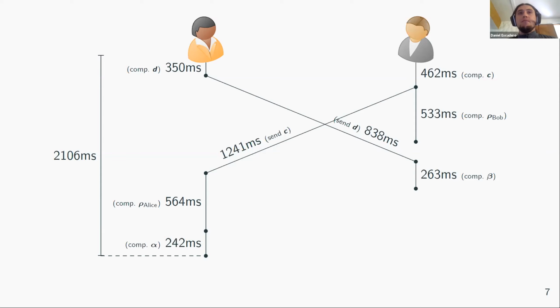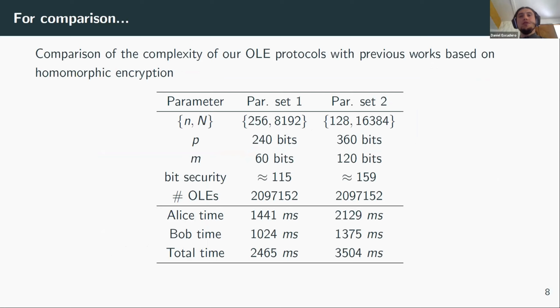And I know it's hard to get a comparison, like how efficient is this in practice or how does it compare to other works? Well, I have this table that I just want you to look at the bottom part of, where we compare. These are the numbers for the basic homomorphic encryption-based protocol in which one party sends, the other one computes and returns based on that computation.